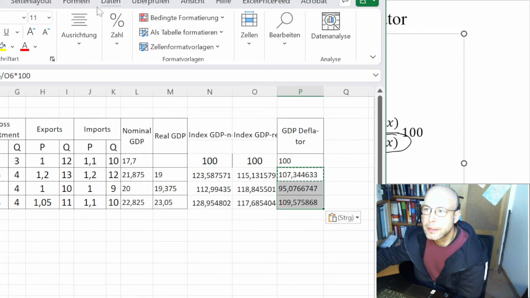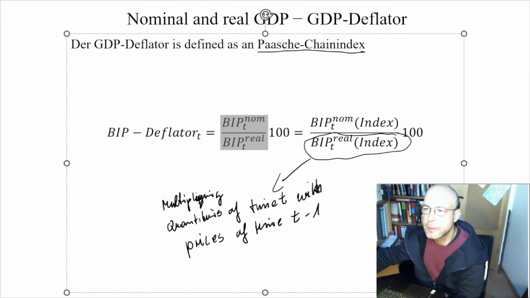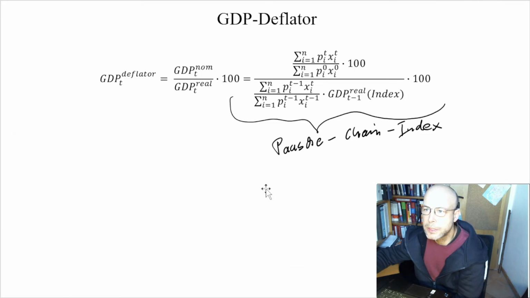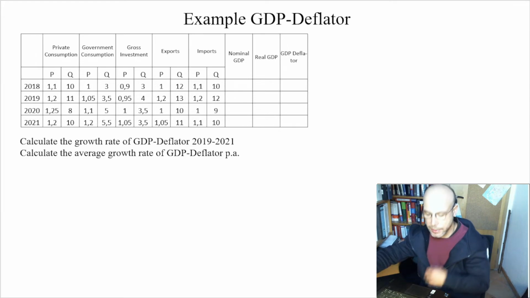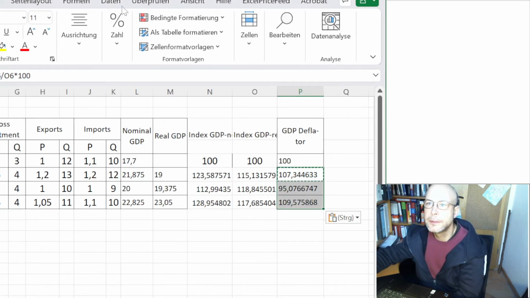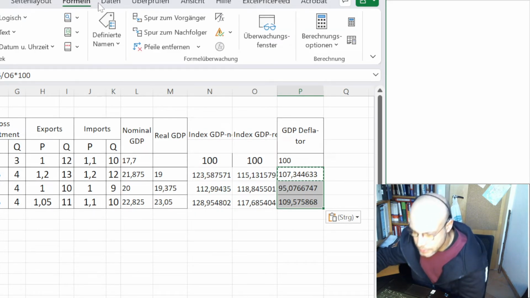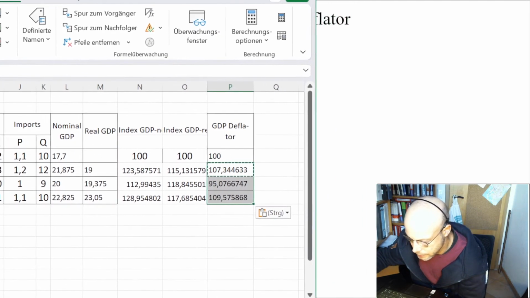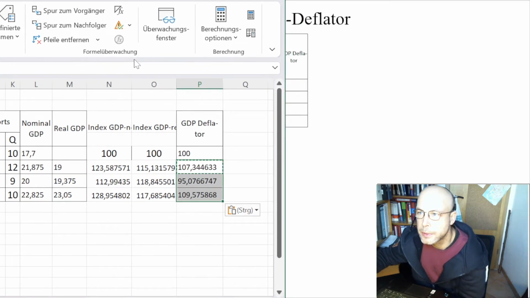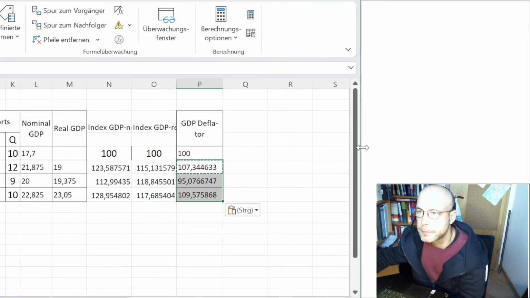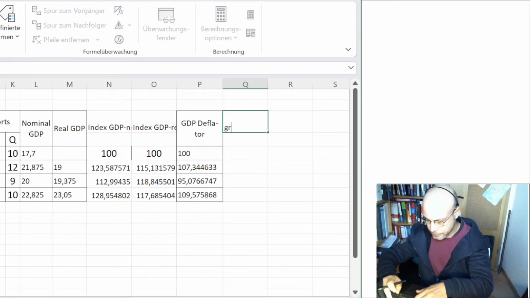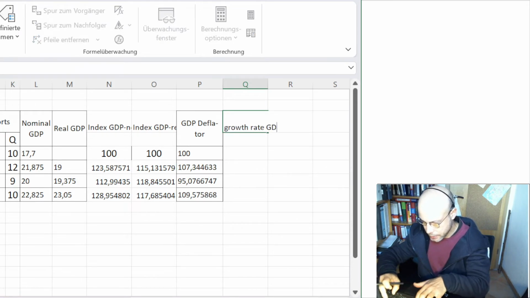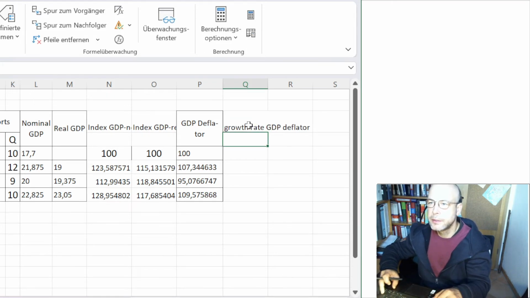And what else we wanted to calculate was, I think, the growth rate of the GDP deflator. So next one, growth rate GDP deflator.